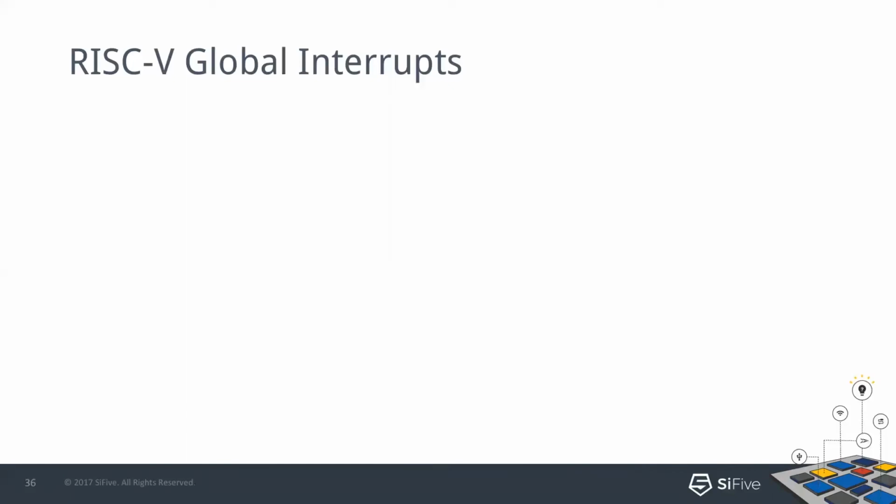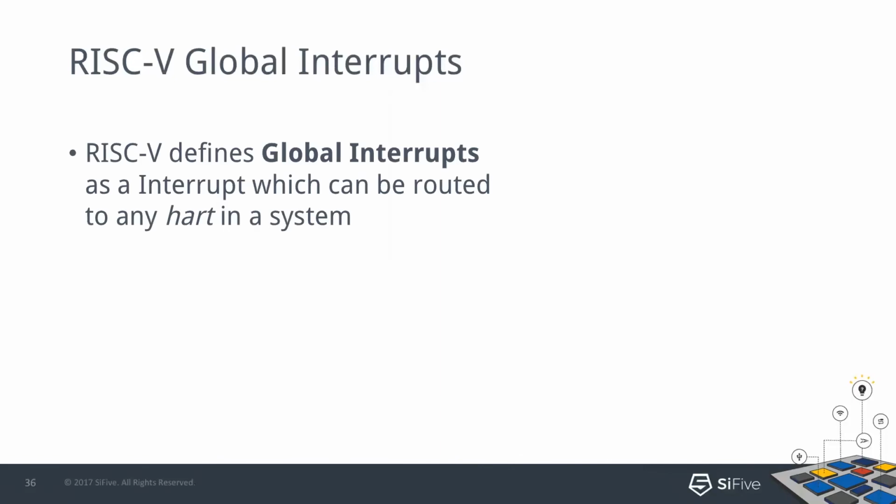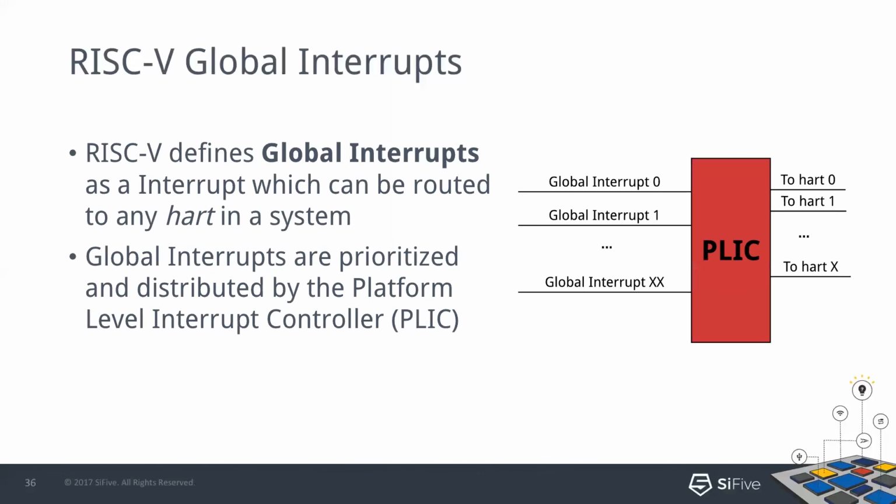Okay, so now let's take a look at RISC-V global interrupts. RISC-V defines global interrupts as interrupts which can be routed to any hart in a system. Global interrupts are also prioritized and distributed by something called a platform level interrupt controller.